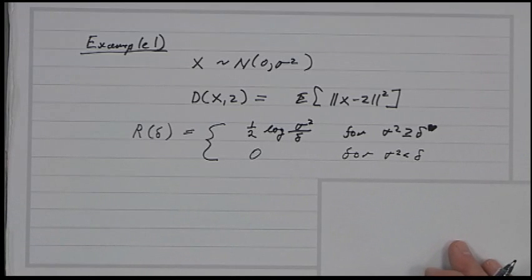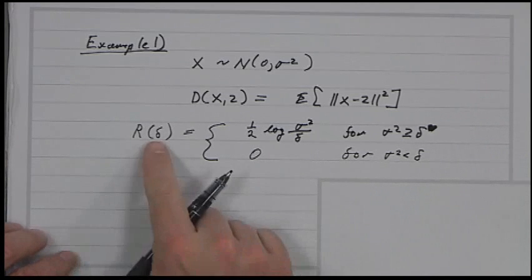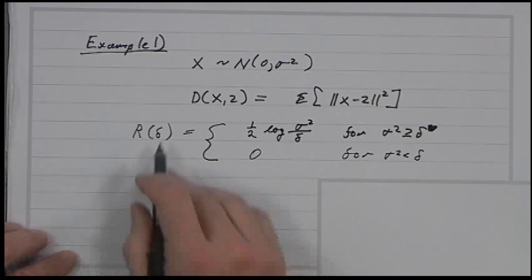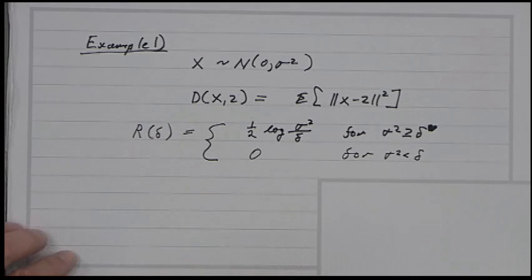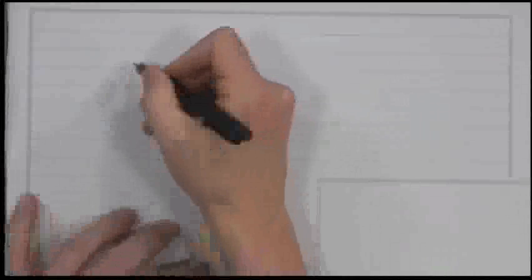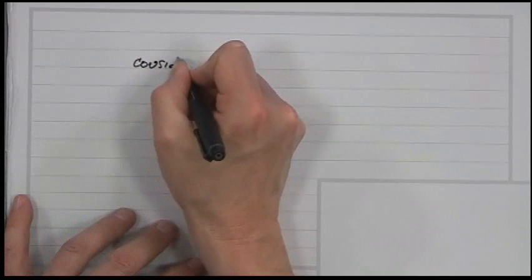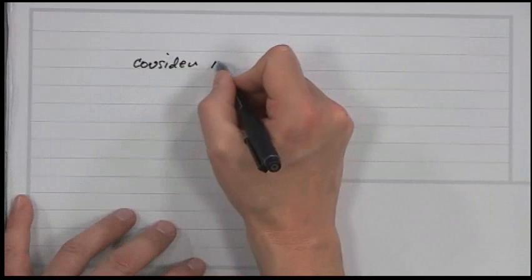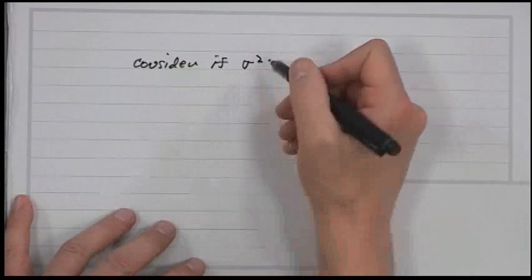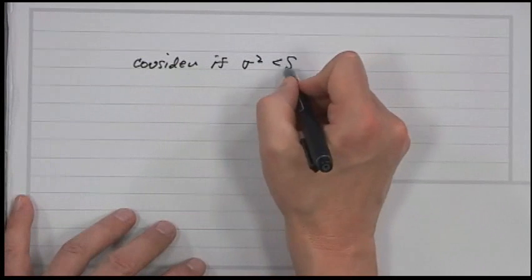Okay, so what does this mean? Well, first of all, delta here is the distortion. Consider if sigma squared is less than delta.